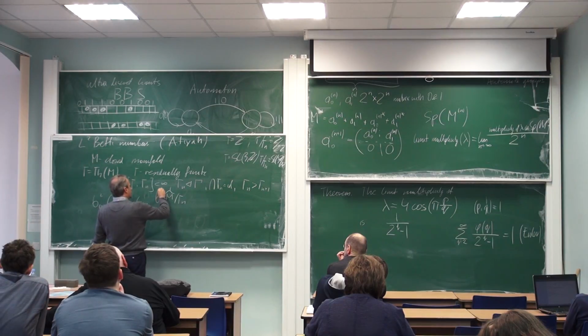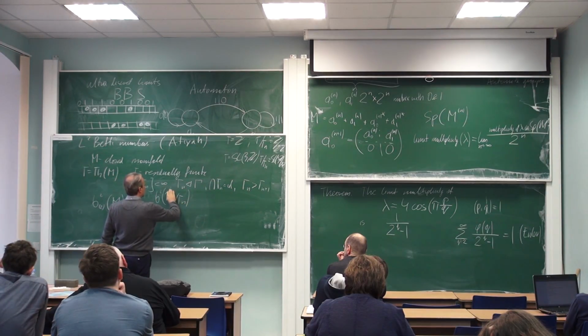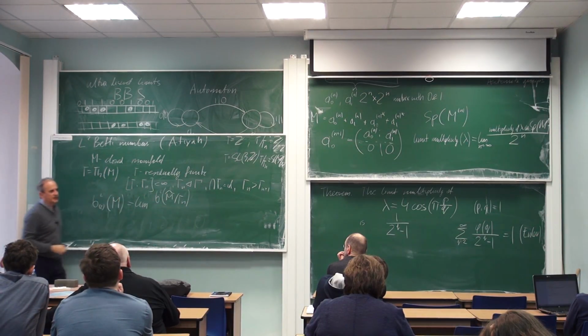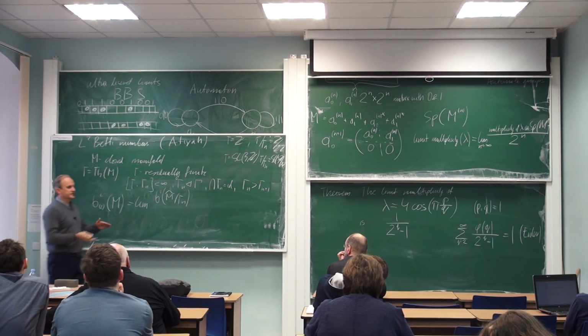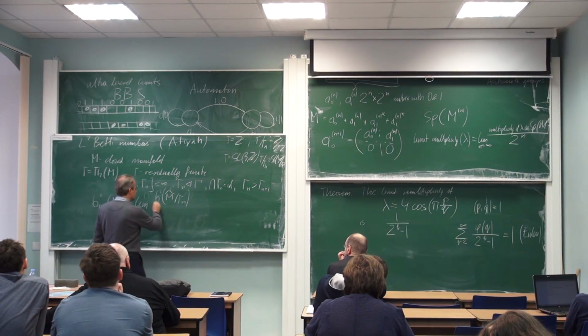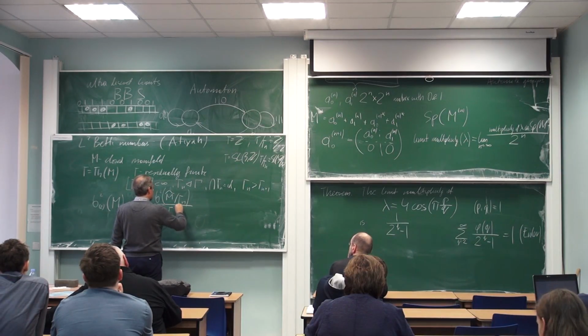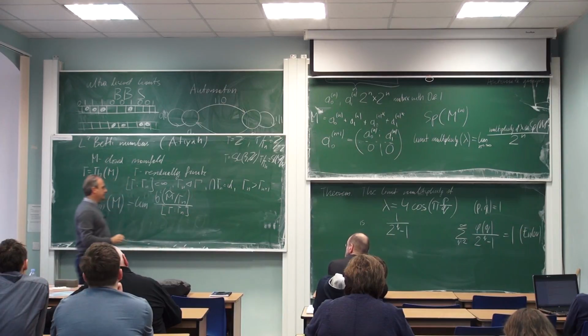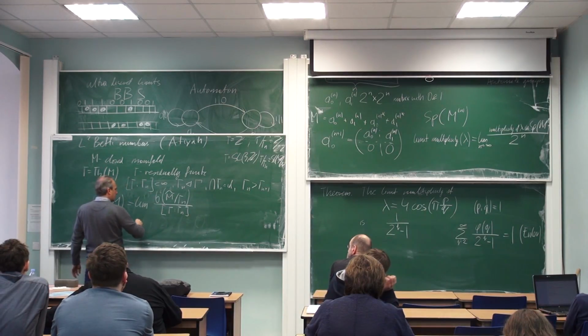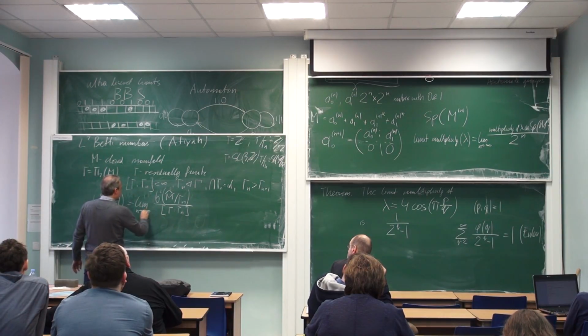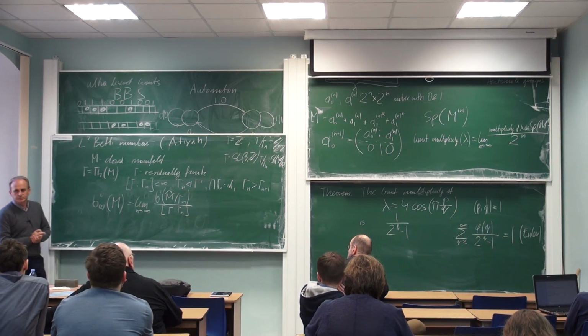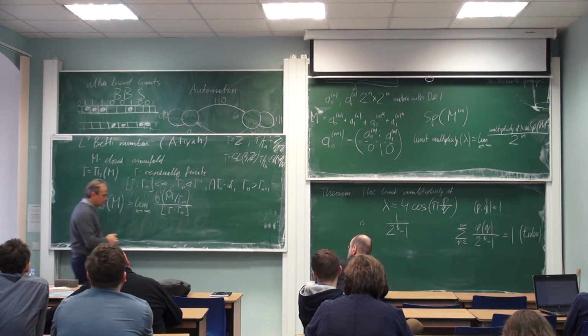One computes the usual ith Betti number, and one divides by the degree of the covering. Okay, so this is the index of gamma n in gamma, and one takes the limit when n tends to infinity.